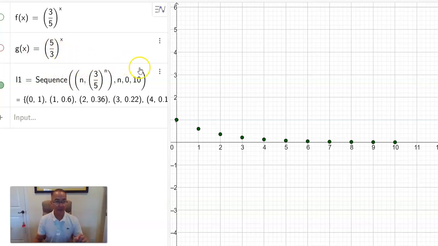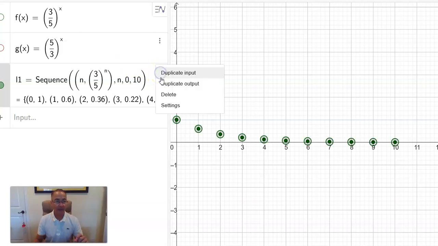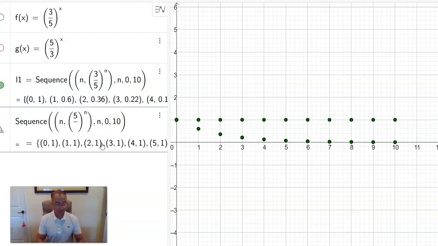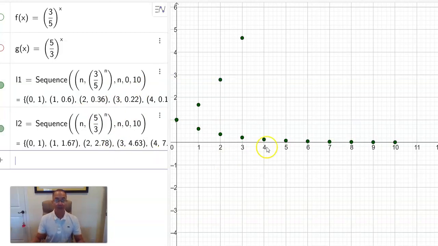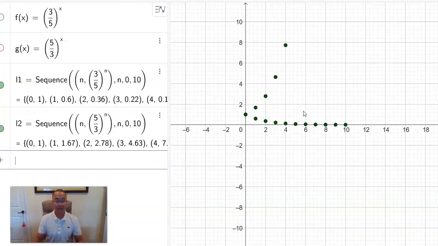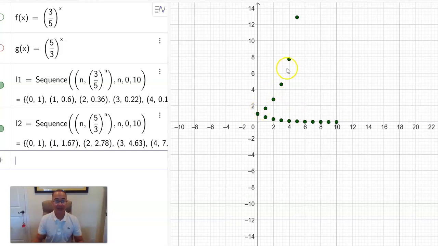So in the same way, we can look at the terms of this sequence if we turn this function into a sequence. So let us duplicate input, and instead of 3/5, let's do 5/3. Okay. So check it out. The terms of this second sequence are, of course, just getting bigger and bigger.